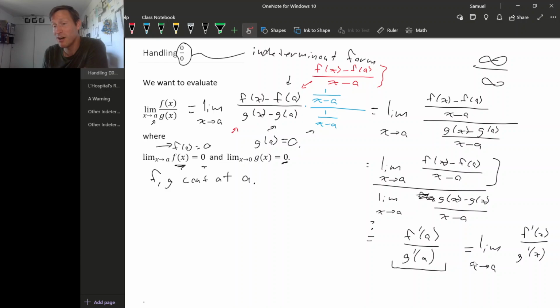Now this should seem plausible, because if f and g are both well behaved and they have continuous derivatives, then this quotient of derivatives, f prime of a over g prime of a, will be equal to the limit as x goes to a of f prime of x over g prime of x. So this maybe shouldn't be so surprising.